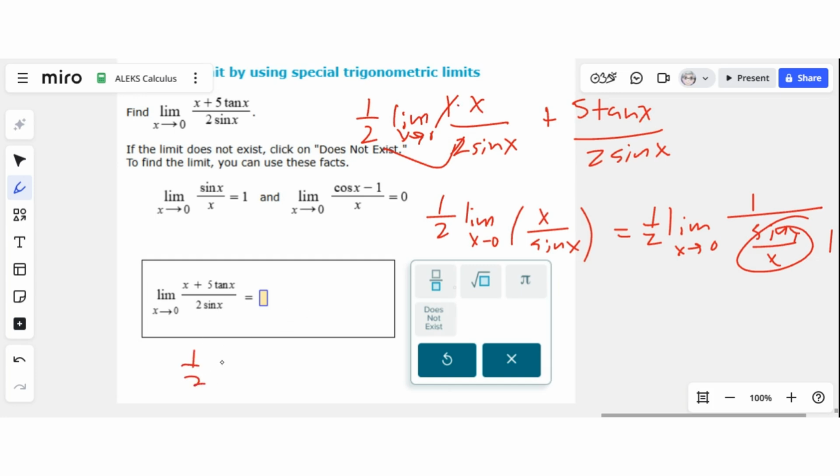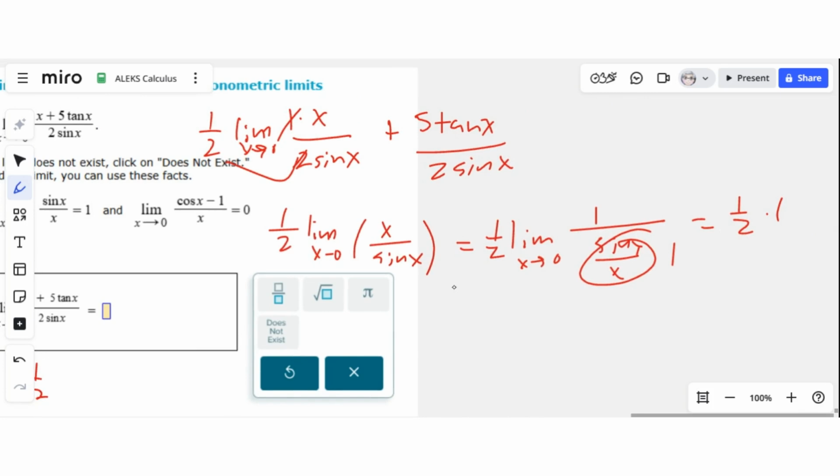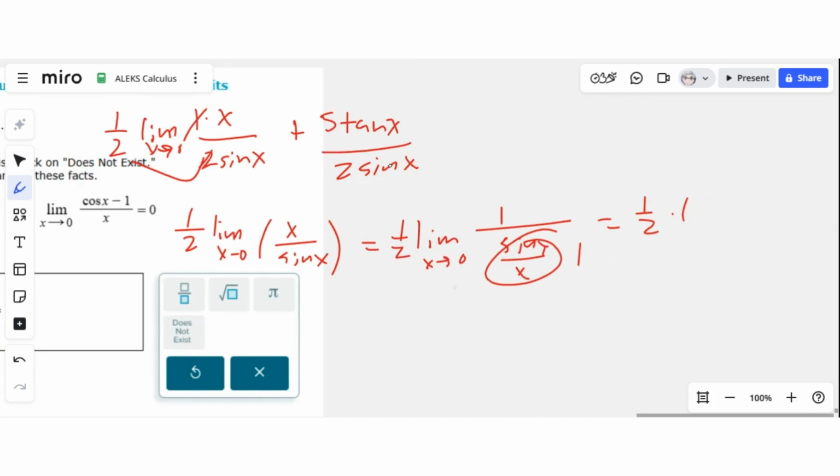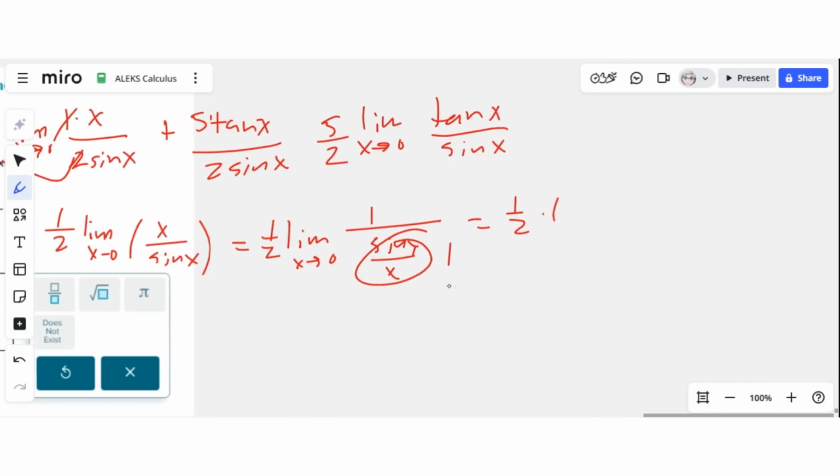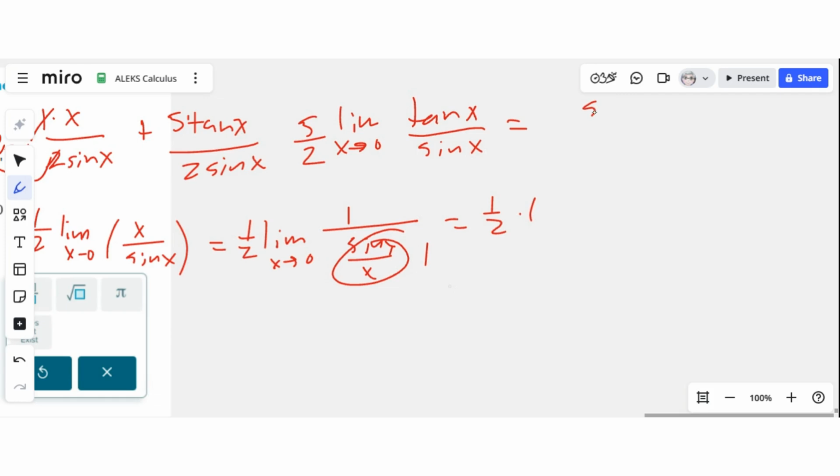I'm going to jot that down here. Let's work on the second chunk. This one's maybe not as easy to see what to do. Well, I can pull out a 5/2 just like I did before. So we're taking the limit as x approaches 0, and I'm going to pull out that 5/2 and put it out front here. And then we've got the tangent of x over the sine of x. The tangent of x is the sine over the cosine, so we can write that out. And then we've got the sine of x down here.